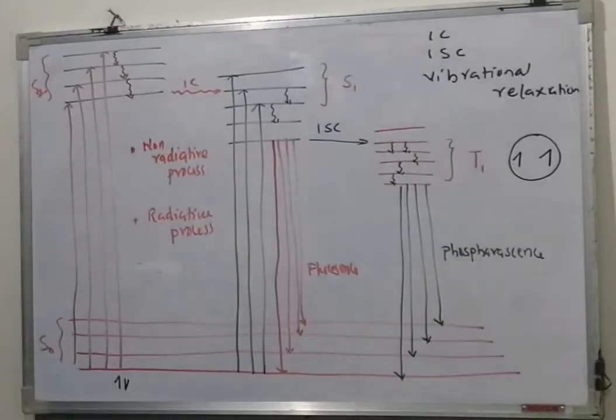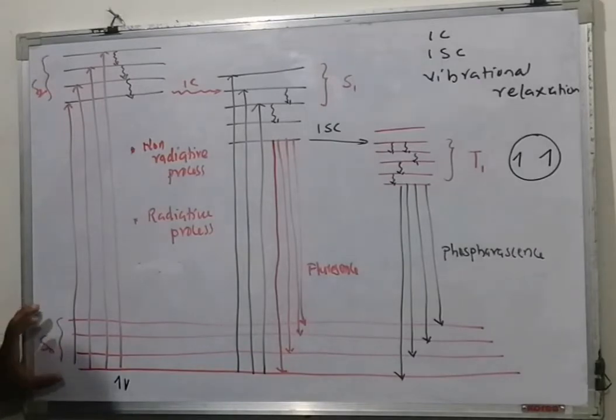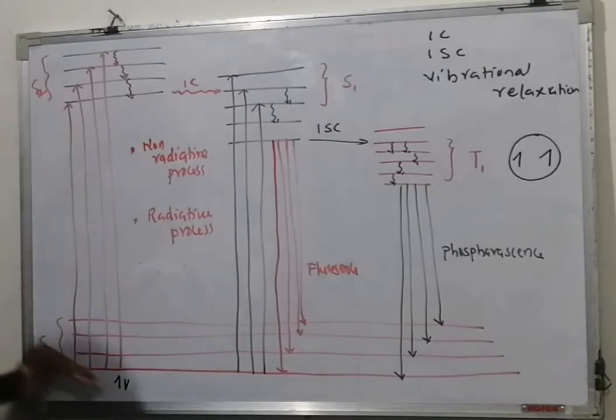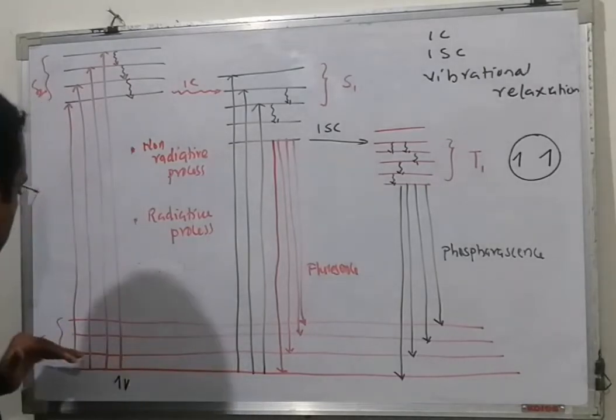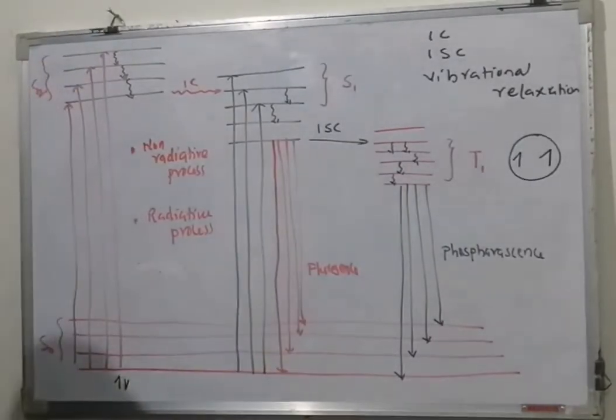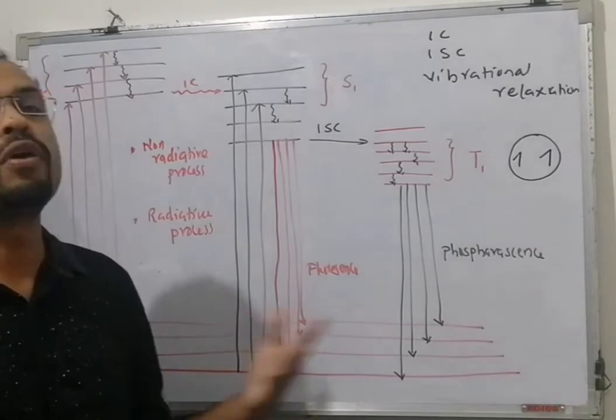First, we can say that from the ground level, a molecule can be excited into any electronic level. That is not forbidden. But it will be excited from singlet to singlet. There is no direct excitation from singlet to triplet. Singlet to triplet excitation is forbidden.